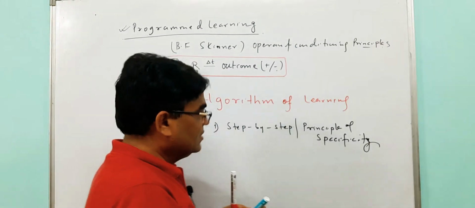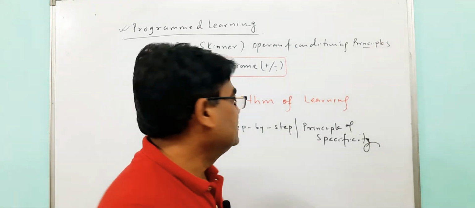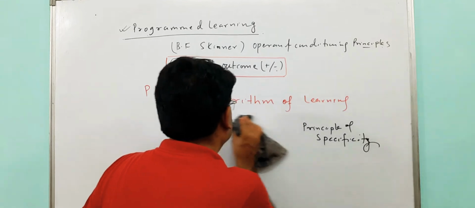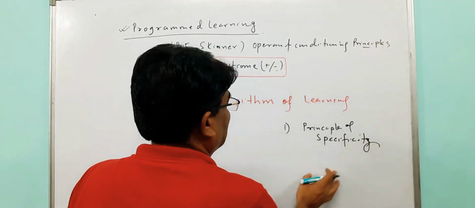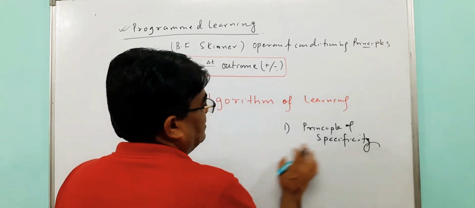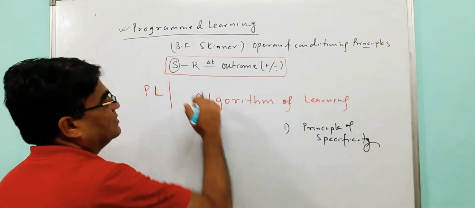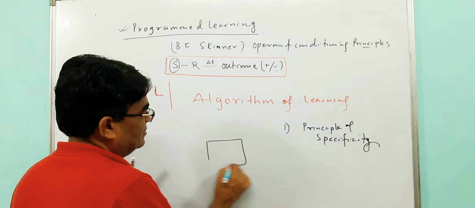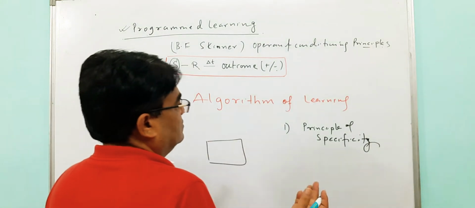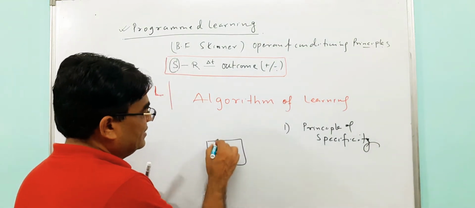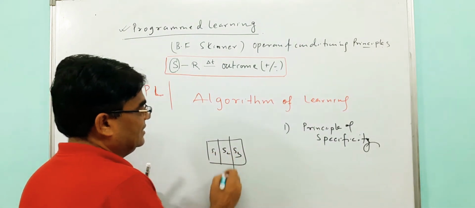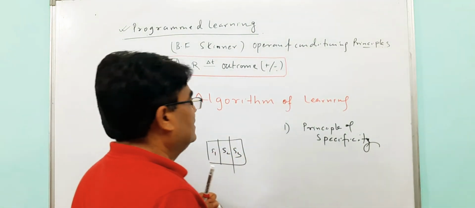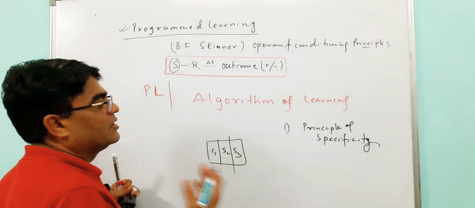You can directly write, for the time being I am removing this step by step, simply principle of specificity. Then what will be the procedure? The procedure is to break the task. Suppose this is the task to train some individual, so break it into smaller units. Suppose S1, S2, S3, three components. Some tasks should be broken down into smaller units.